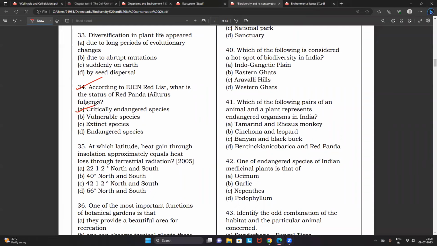I'm sorry, the red panda is not critically endangered, right? The red panda comes under the category of endangered species. It is not critically endangered. This is right.